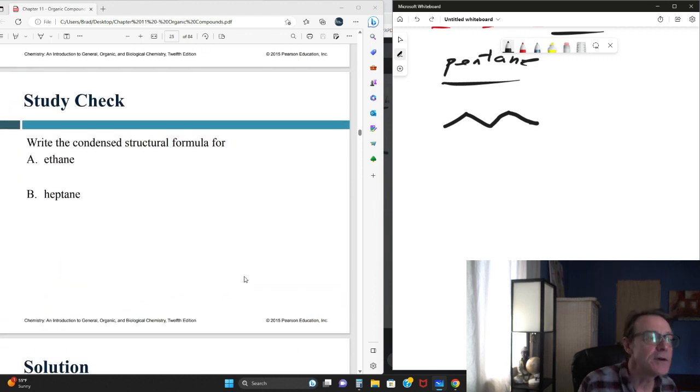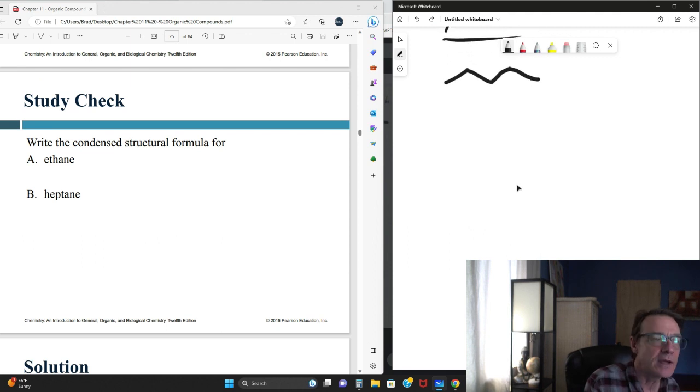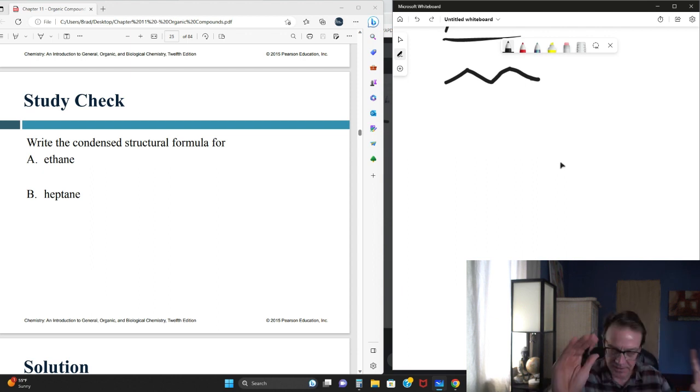So let's look at this from there. We're given ethane. We want the condensed structural formula for ethane. That's 2 carbons. Ane means it's all saturated. Saturated means single bonds involving 2 carbons.